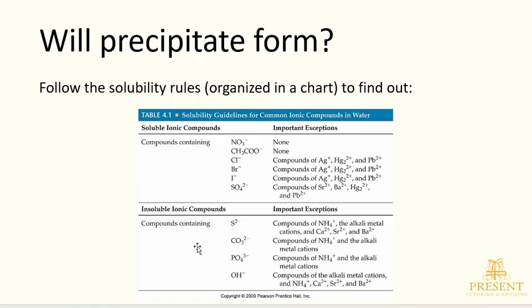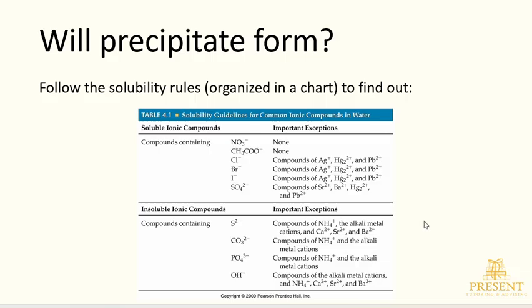And then you could also have compounds like sulfides. These are ionic compounds that are typically insoluble. When you're looking at S2- in a compound, they generally are insoluble with the exception of compounds that contain the ion NH4, alkali metals, and such.